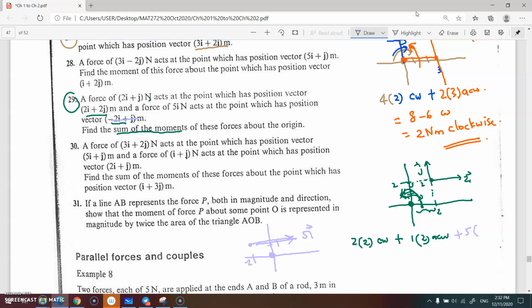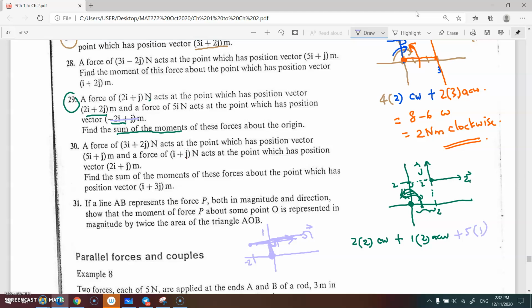Okay, if let's say this is the origin, so the distance would be here. So the distance should be, just now this is 1. So distance, this one is 1.